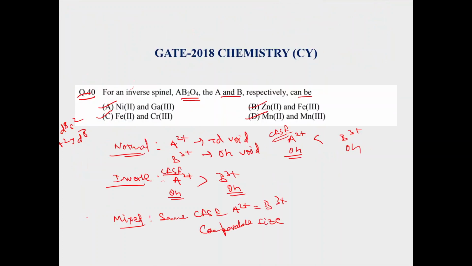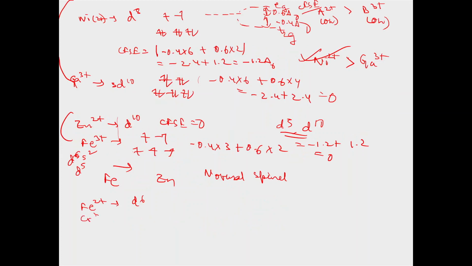So for d6, 1, 2, 3, 4, 5, 6, that is minus 0.4 into 4 plus 0.6 into 2, which is equal to minus 1.6 plus 1.2, or minus 0.4 delta O. And for chromium 3+, chromium is 3d5 4s1, so chromium 3+ means a d3 system. 1, 2, 3.